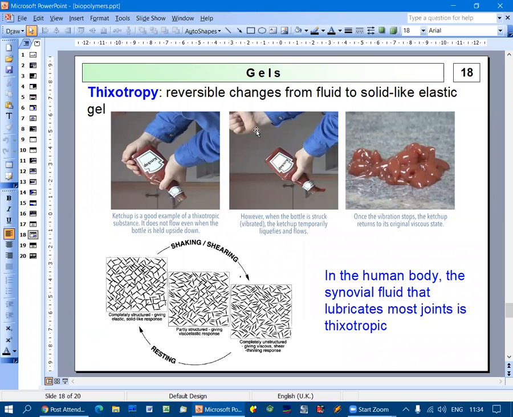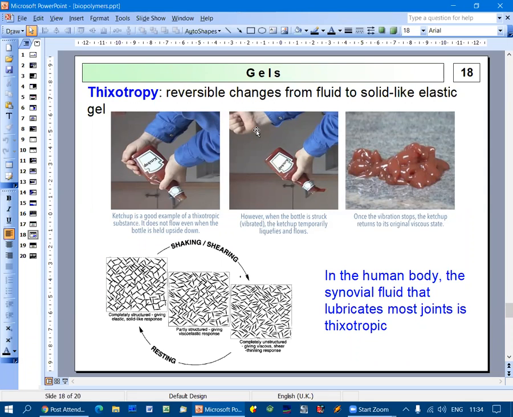But they can be diluted by stirring, and then they can go back to gel in a resting state. This is the phenomenon of thixotropy.